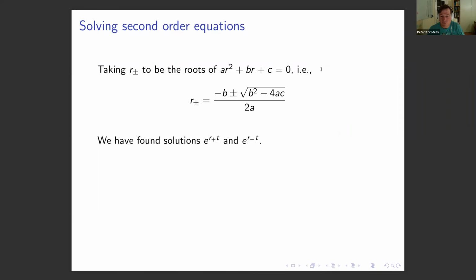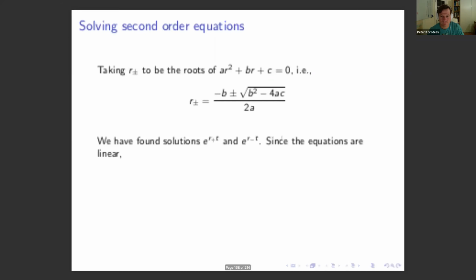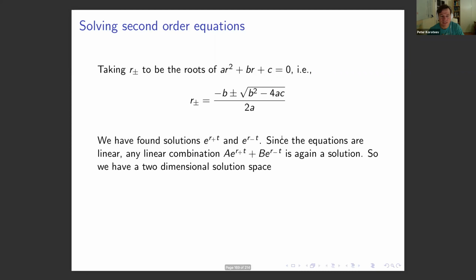So whatever they are, we can find the solutions e to the r plus t and e to the r minus t. Since the equation is linear, any linear combination, a constant a multiplied by e to the r plus t plus a constant b multiplied by e to the r minus t, is again a solution. So we have a two-dimensional space of solutions, and therefore it must be all the solutions.